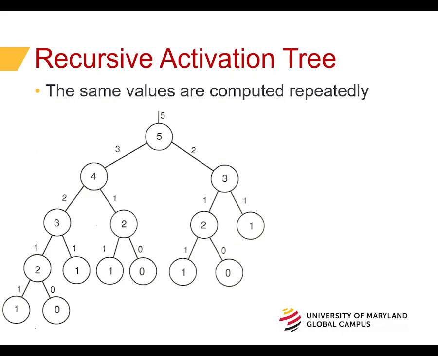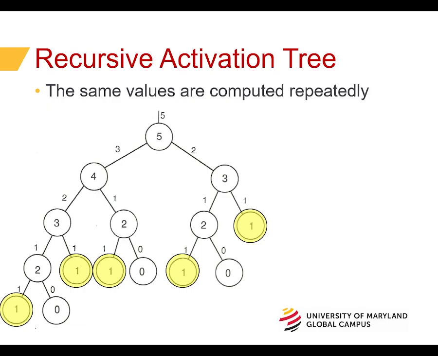We can see why that is the case by looking at the activation tree with n equal to 5. Each node of this tree represents one activation of the method. The number inside the circle is the value of n passed in, and the number above is the value returned. The problem with this approach is that the same values are computed repeatedly.